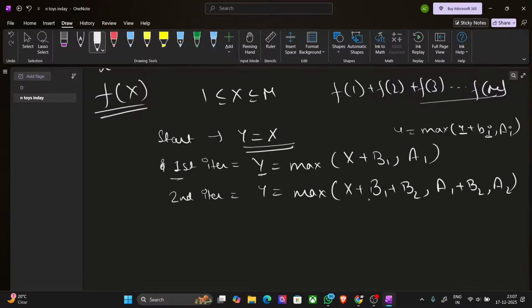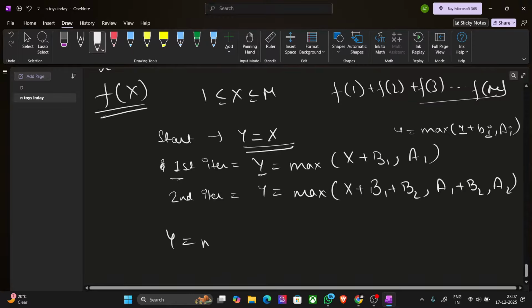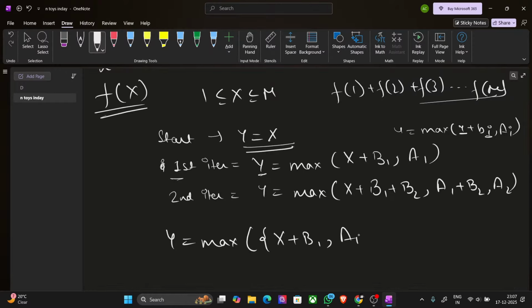Now let's see how I put this. As you can see, I can take this as max of x plus b1 comma a1, which is my previous y, plus b2, which is the new iteration b, and a2.